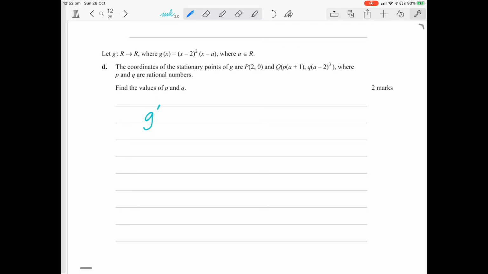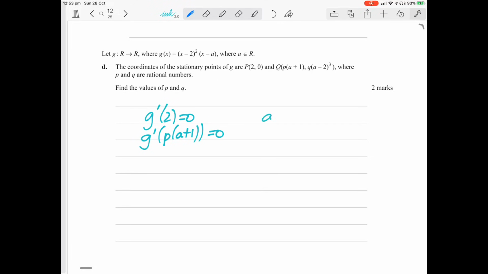So we can say g dash of 2 equals 0. g dash of p(a+1) is equal to 0.